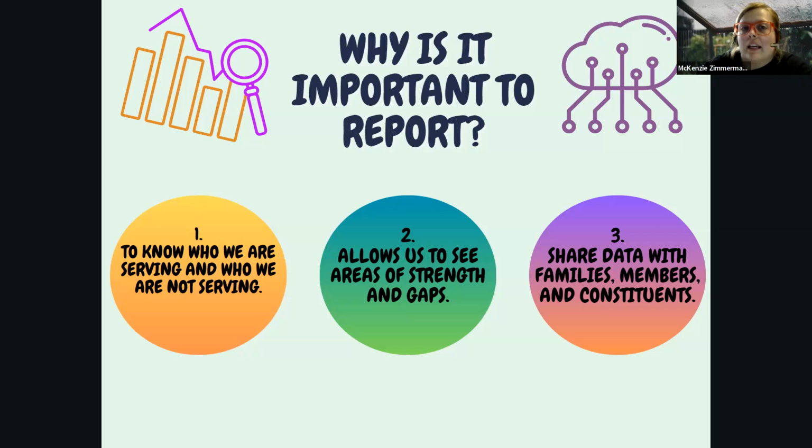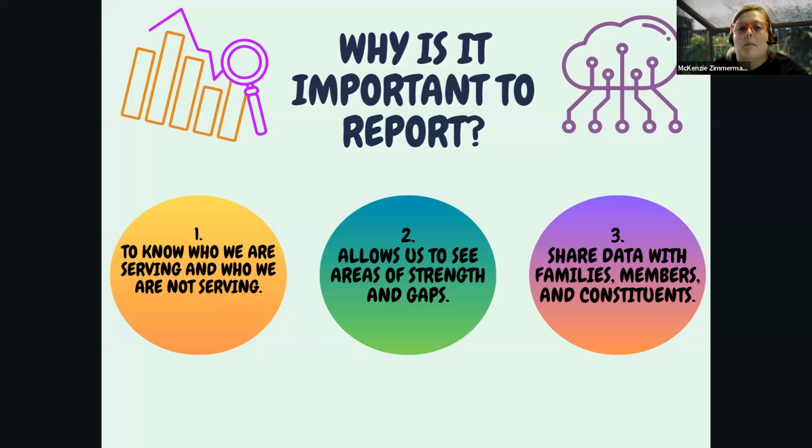So if we're looking at data that is pulled from PEARS for school enrichment, and we're seeing that we are really hitting STEM programming in school enrichment, super, that's amazing. But then we're looking at the data and we see maybe we haven't been hitting leadership or communication.